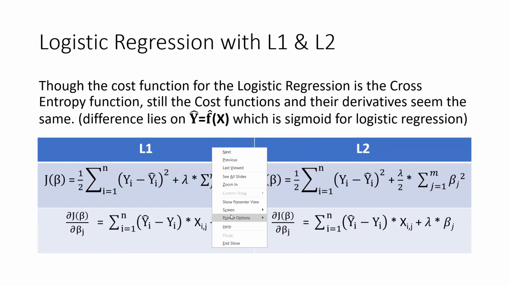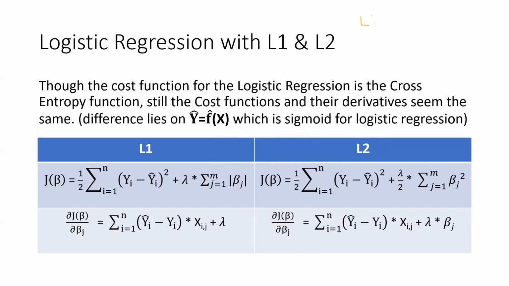So remember, for linear regression, f of x in vector notation is beta transpose x, right?